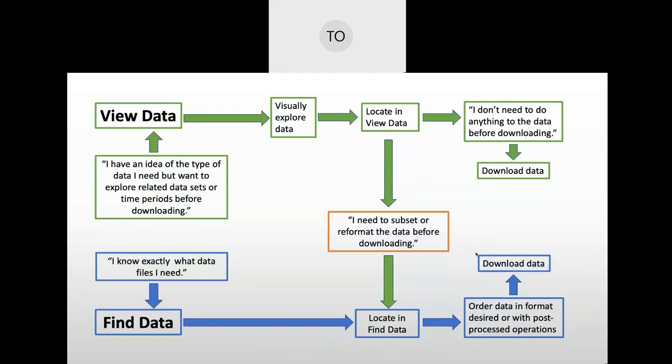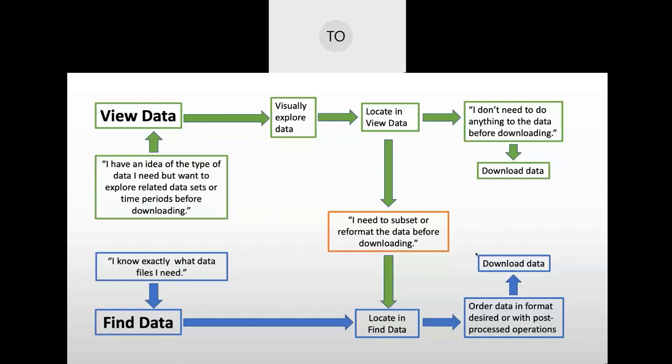Because there are those differences, you may find yourself in one of two camps. Either you have an idea of what you want as the data, but you're not exactly sure, so you might need to explore what some of that data might look like before actually downloading it, or you may know exactly what you need. Depending on your research, where you are within your research, or if you're writing different scripts, those might be different avenues you need.